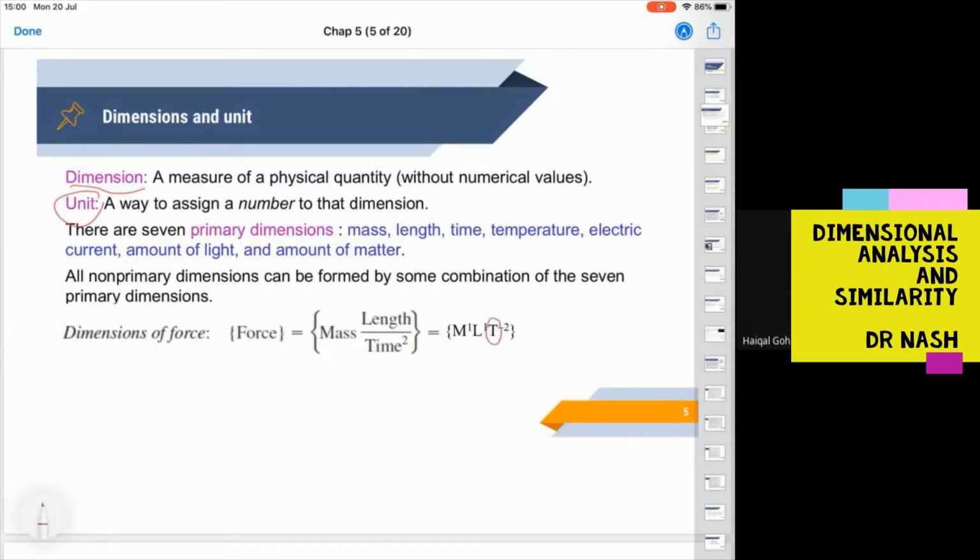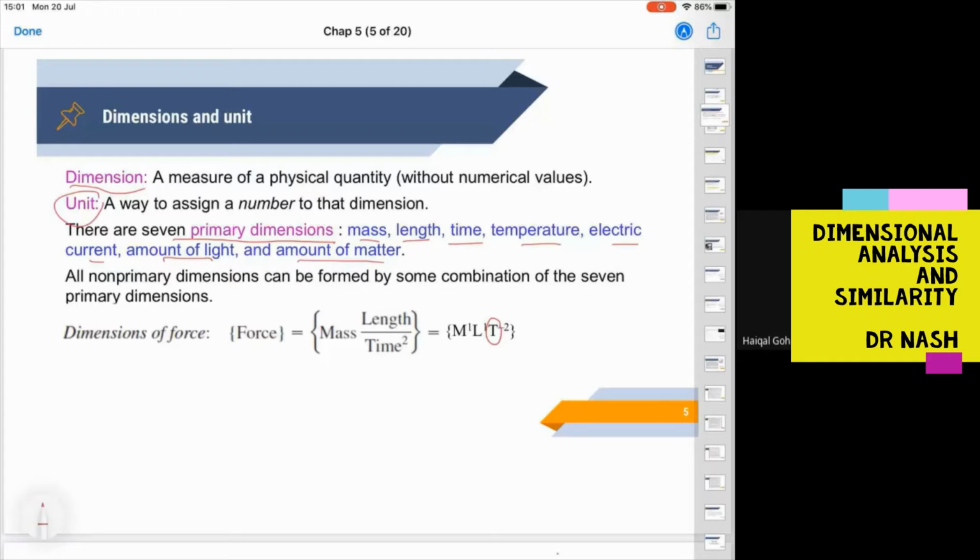So benda-benda ni semua adalah benda yang termasuk dalam 7 primary dimensions. So ada 7 primary dimensions. Mass apa? Kilogram kan. So mass kilogram, ada length. Length ni dalam bentuk meter unitnya, ataupun SI unit adalah meter, could be centimeter, kilometer. And then time, T, temperature. Electrical, nanti kita tengok apa dimension temperature. Electrical current, amount of light and amount of matter.